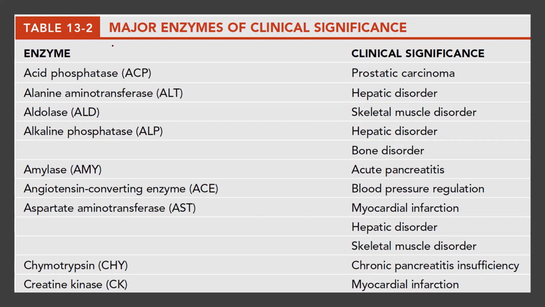The opposite of that is alkaline phosphatase. Since acid phosphatase is predominant in semen, and because of the prostatic fluid produced by the prostate gland, increased activity of acid phosphatase is clinically significant in what we call prostatic carcinoma.